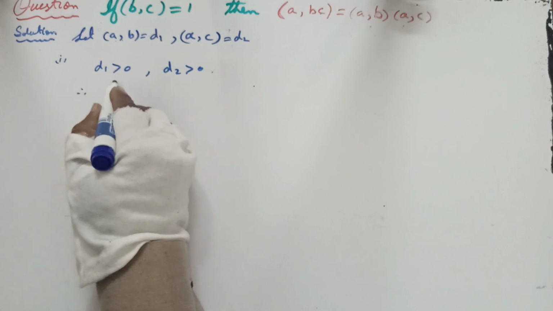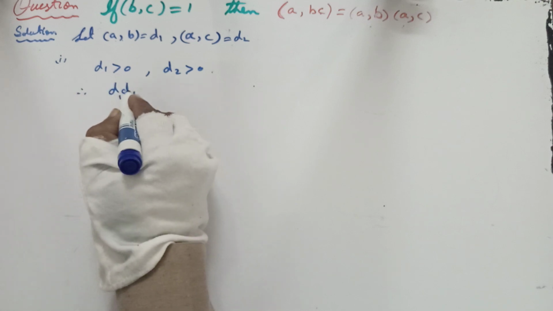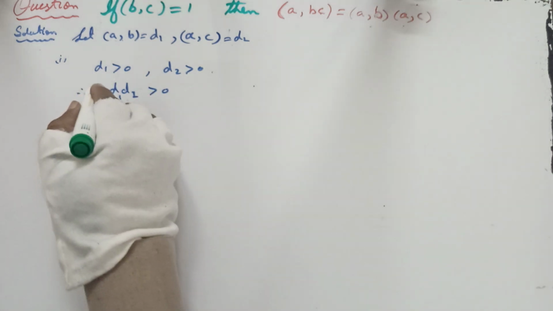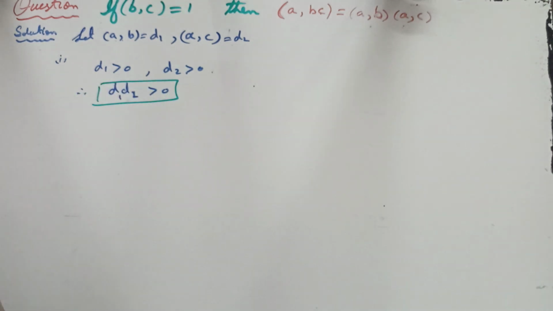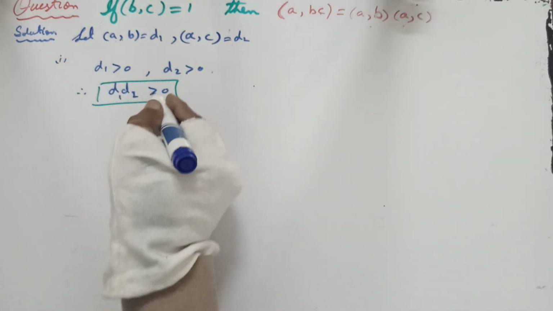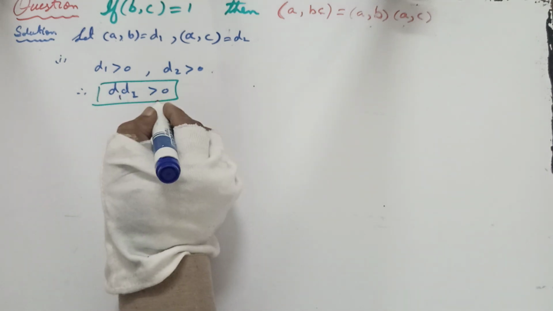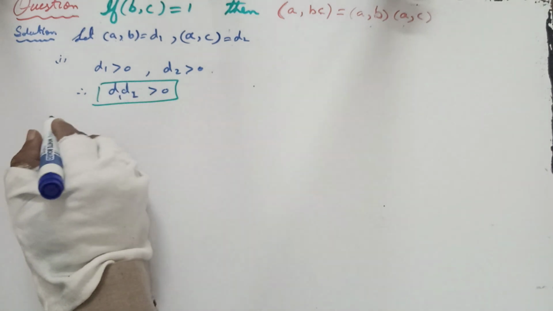Therefore, their product D1 D2 must be greater than 0. This is our first condition. When you are solving this question on paper, don't make this circle and this rectangle. I make it just for clear understanding.